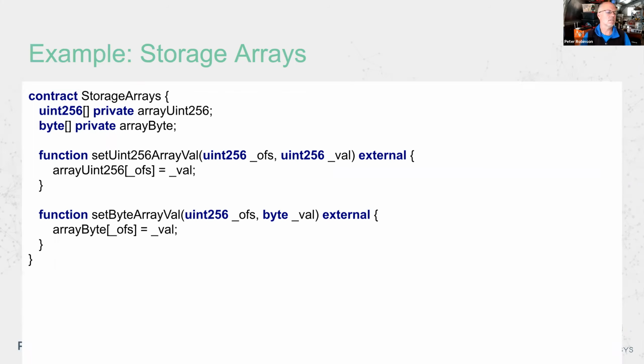So that's bytes. Another thing we've got is variable length arrays, so storage arrays. You can have uint256 arrays, byte arrays, and arrays of pretty much any of the types, including complex types.